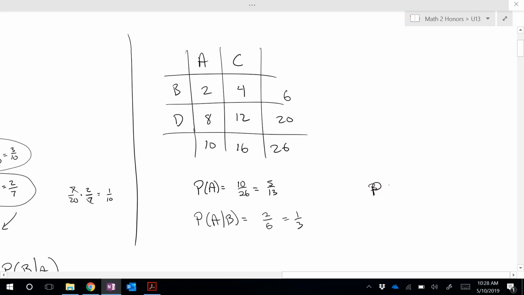Oops, probability of B is 6 out of 26. It's 3 out of 13. And the probability of B given A? So out of all the A's, so 2 out of 10, right? 1 out of 5. And this is not working the way I wanted it to.